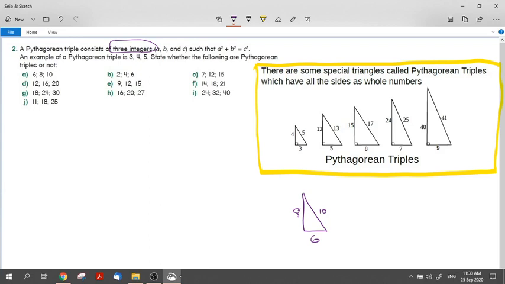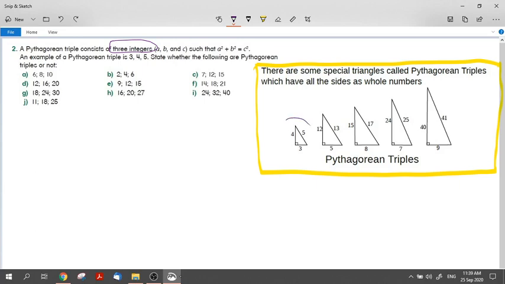But with any right angle triangle you can always use the Pythagorean theorem to work out whether it is a right angle triangle or not. In question 2, it says a Pythagorean triple consists of 3 integers a, b and c such that a squared plus b squared equals c squared. An example is 3, 4, 5.